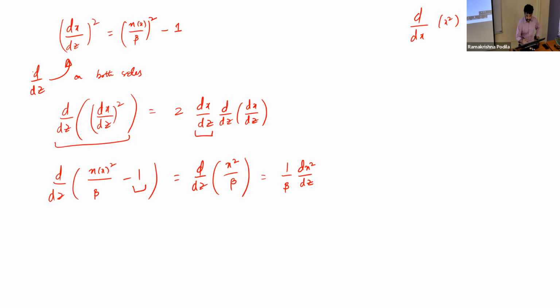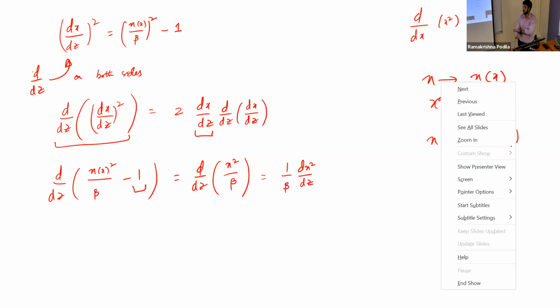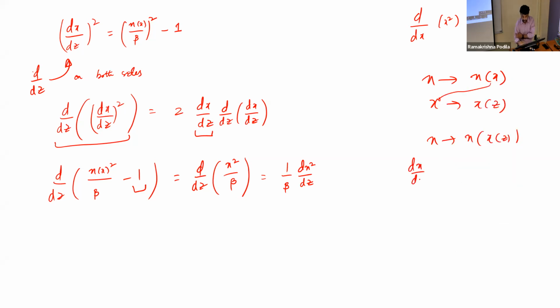Now notice here, we said n is a function of x, and x is a function of z, meaning the ray is going to curve, right? If x is equal to z squared, then it would be like a parabola, for example. So then n is implicitly a function. You can write n as n of x and this x itself is a function of z. So when you do dn by dz, you would get dn by dx times dx by dz.